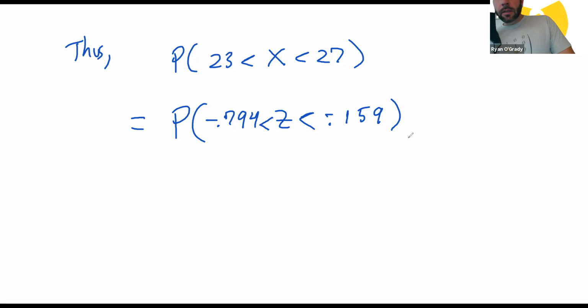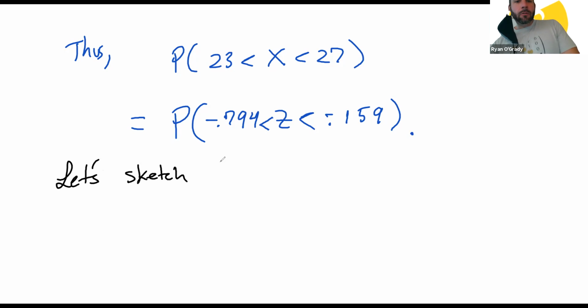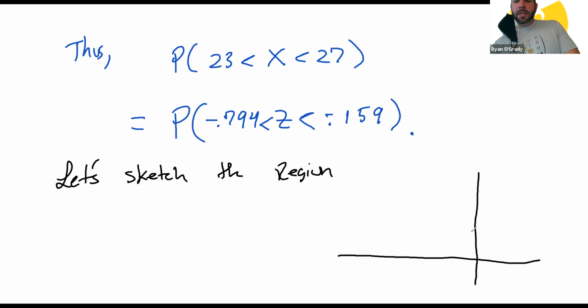Now, looking this up in a standard table is not as straightforward as the other ones, because this is not just the less than. If we draw the area of what we want, we have to use our axioms to figure out how we're going to handle this. So I'm going to draw the picture. We don't need to be exact, but let's sketch the region. I'm going to scale it differently because I know I'm on the negative side.